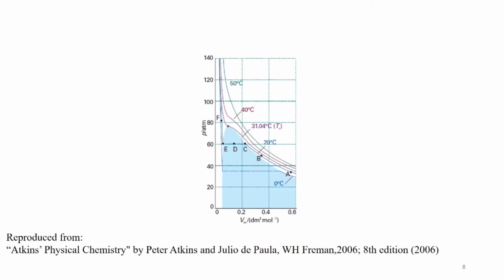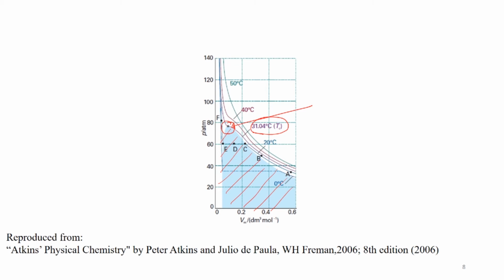Here I show some real experimental data for the liquefaction of the gas carbon dioxide. As you see, the location of the critical point is here and the corresponding critical temperature is 31.04 degrees centigrade. The shaded region, colored in blue here, denotes that in this region of the isotherm, the liquid is in equilibrium with its vapor.